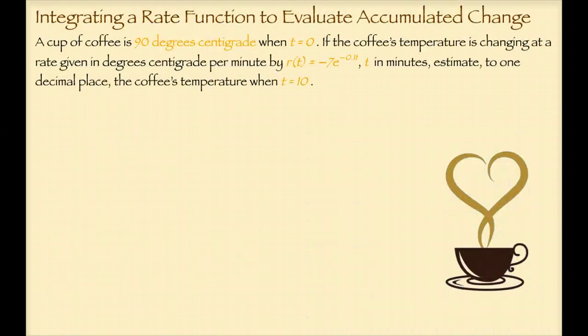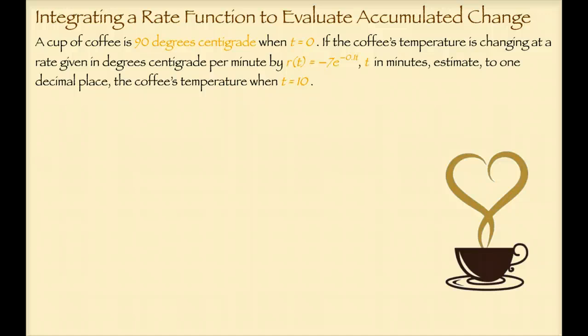If we're integrating a rate function which determines the rate of change of a quantity over time, then the area accumulated under the curve represents the value of the accumulated change of that quantity. So let's do an example where we see the integral used to evaluate the accumulated change of a quantity.